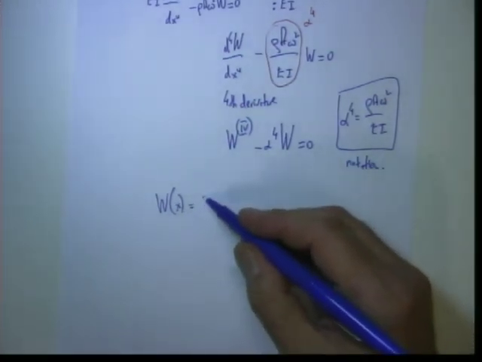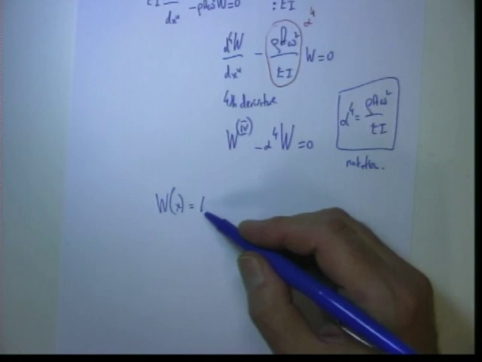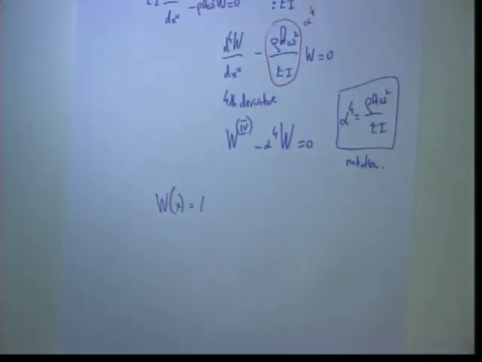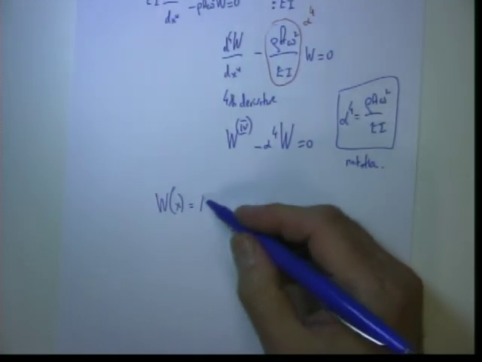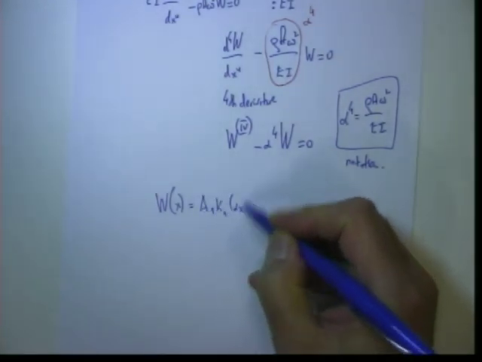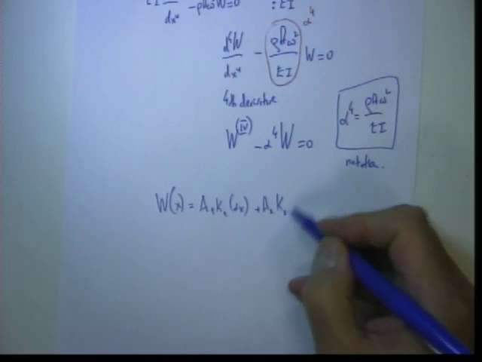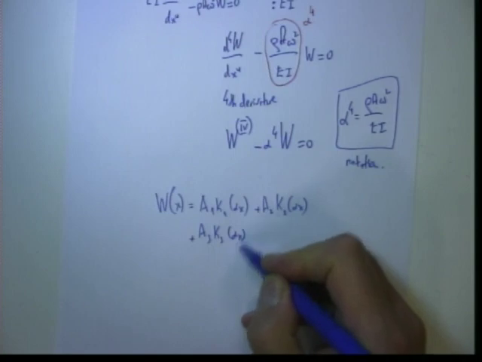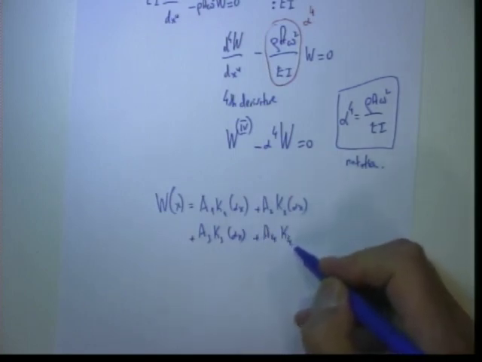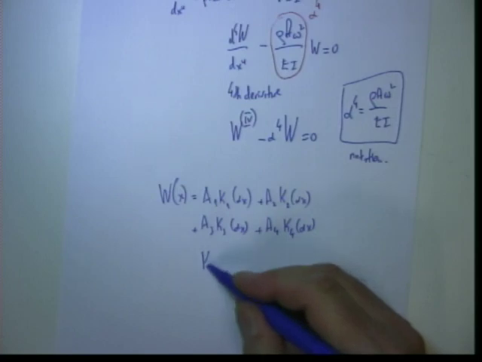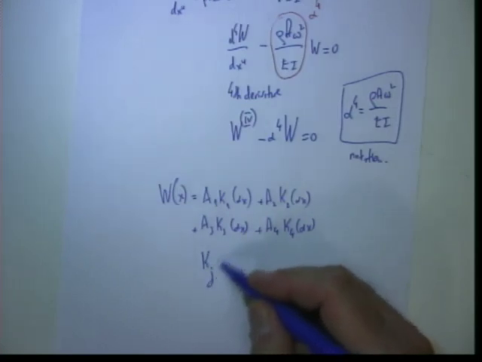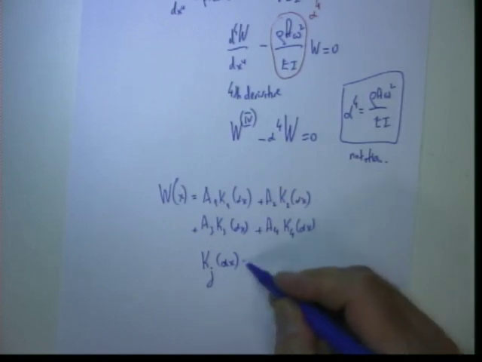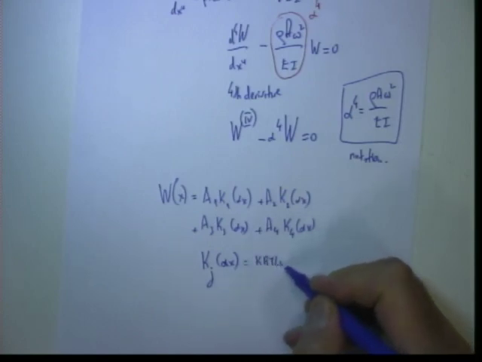We wrote A1 K1(alpha x) plus A2 K2(alpha x) plus A3 K3(alpha x) plus A4 K4(alpha x), and these functions Kj(alpha x) are Krylov functions.